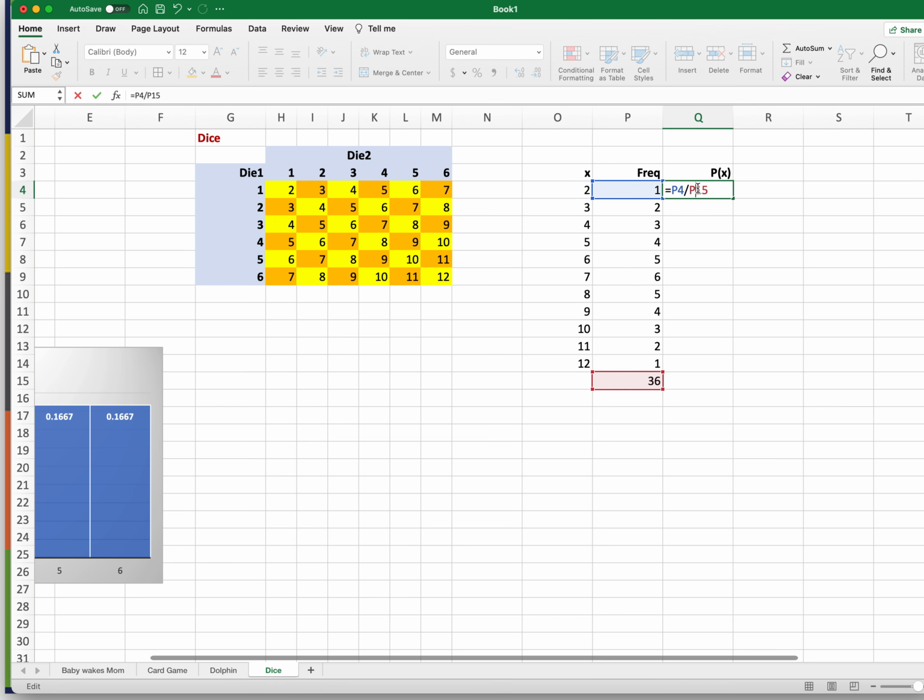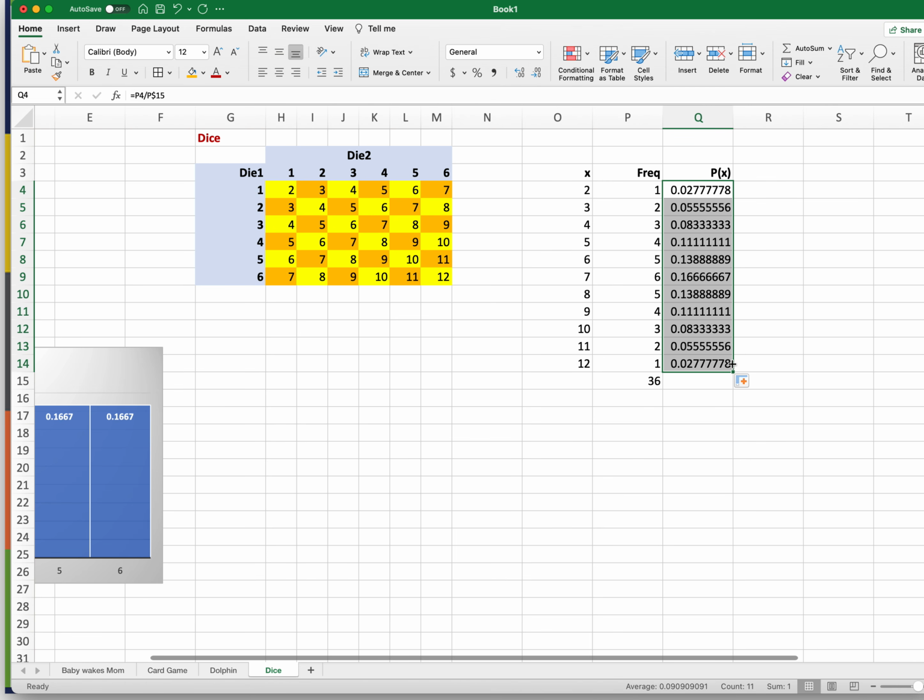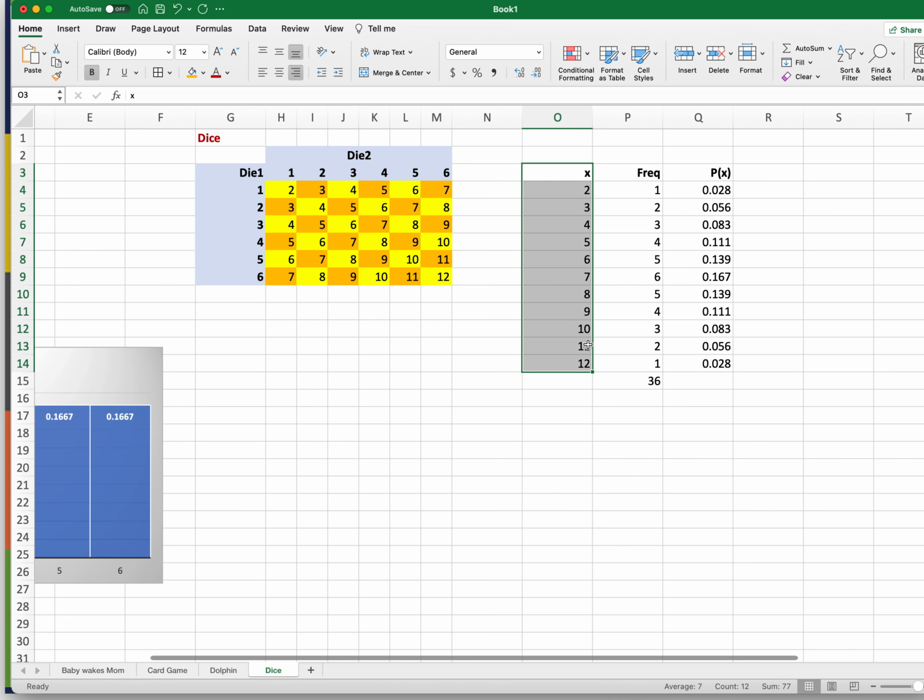Remember, I want to keep that 36 fixed, so I put a $ sign there, and I copy this all the way down. And I don't want all those decimal places, so let's take it down to 3. And now let's draw a picture of this X and this probability.